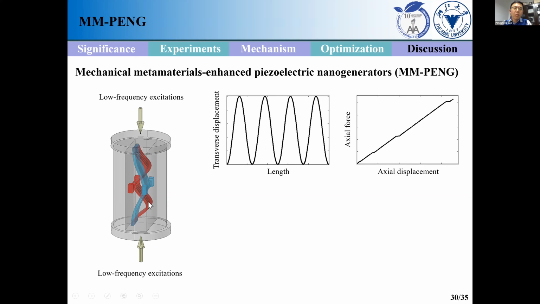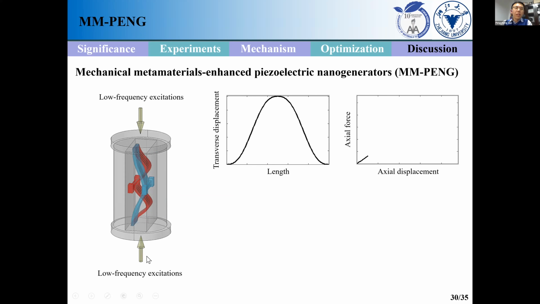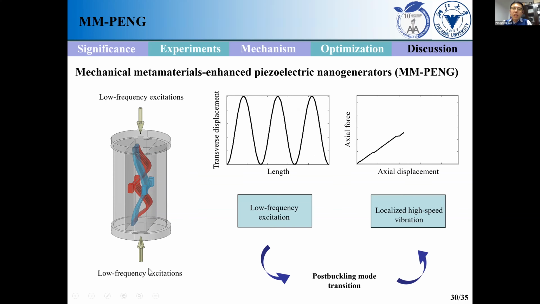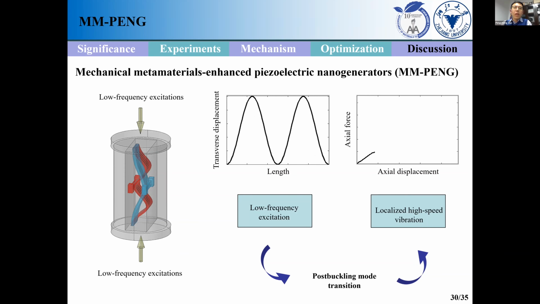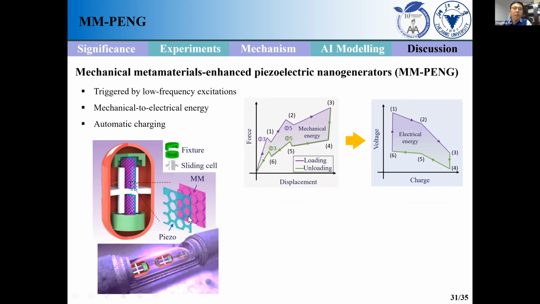Through this post-buckling process, the low frequency excitations in loading can be converted into localized high-speed variation, right? This localized high-speed response can be used to trigger piezoelectric to generate energy. And we see in this design, we have the mechanical nanomaterials and the piezo layer on top of it. So the idea is to convert mechanical energy into electrical energy.